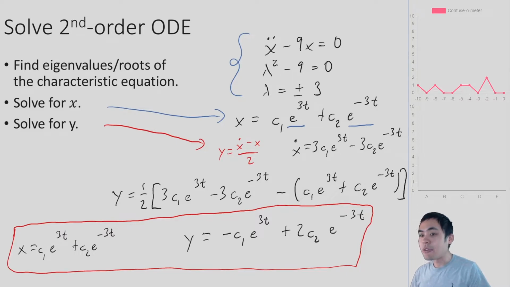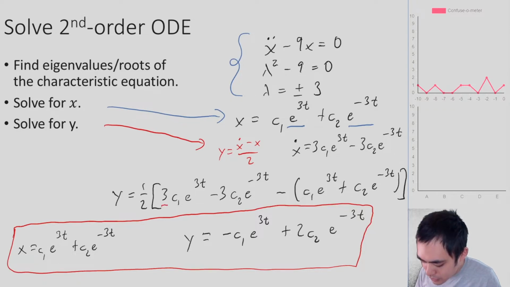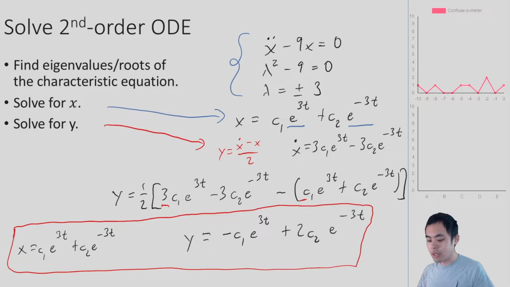Do we need the 1/2? Oh, I already did the 1/2 implicitly, so sorry, I skipped a step here. If you'll notice, this 3c1 and this minus c1 gives you 2c1 e to the 3t. Divide that by 2, and you get... did I get my signs wrong?